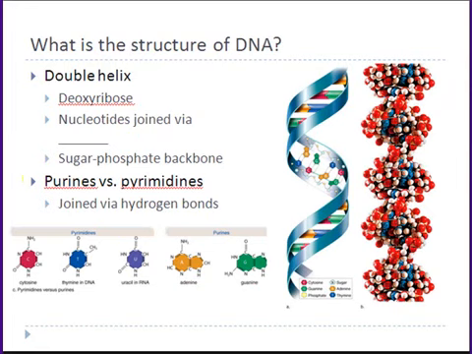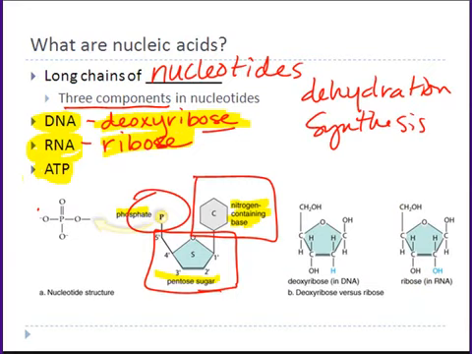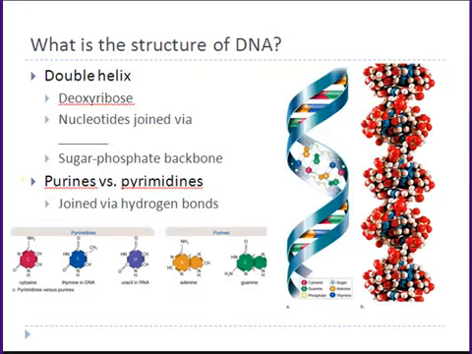Now let's take a look at the structure of DNA very briefly. In a few weeks we're going to spend an entire chapter looking more in depth at the structure of DNA, how DNA copies itself, and what DNA is used for inside of cells. For today, we're simply looking at the chemical structure of DNA.